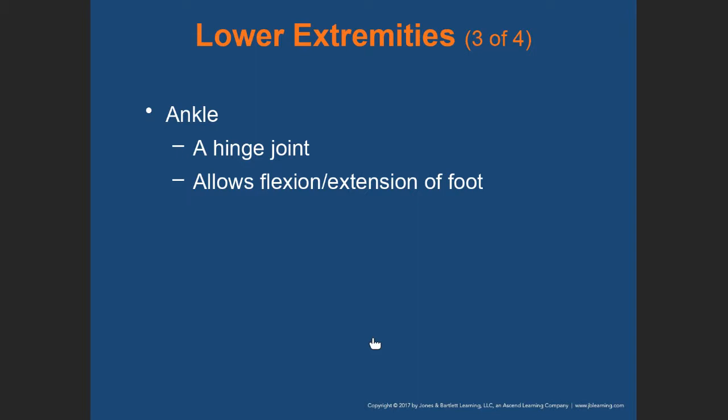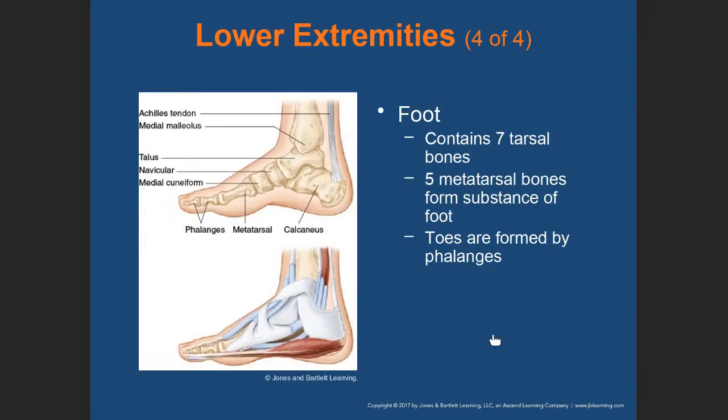The ankle joint is a hinge joint, and it allows flexion and extension of the foot. The foot contains 7 tarsal bones, right? And that would be the bones that form the ankle area.